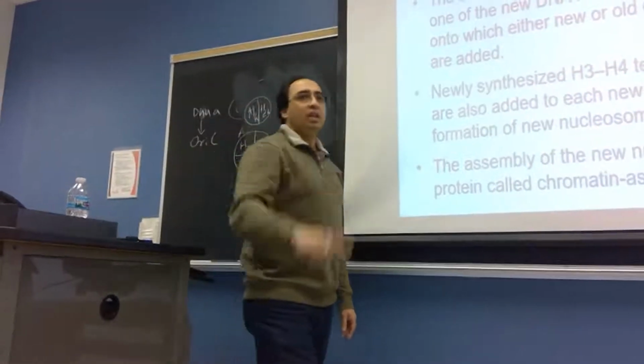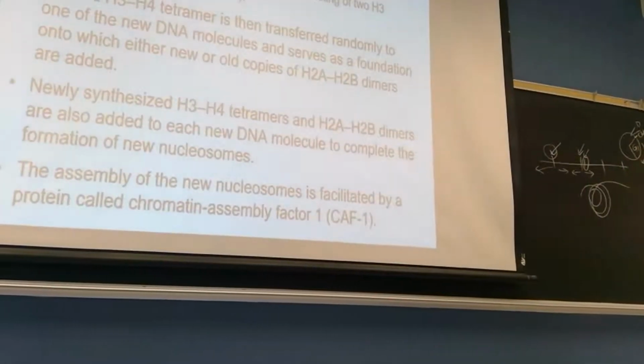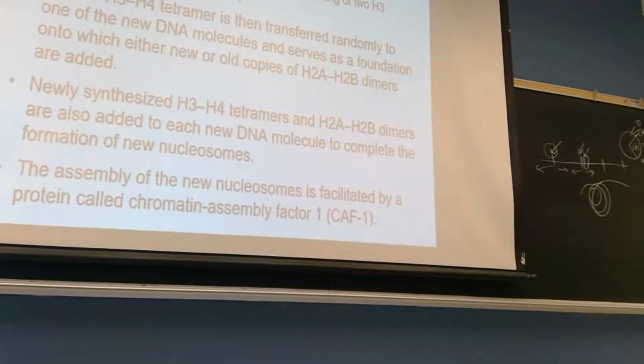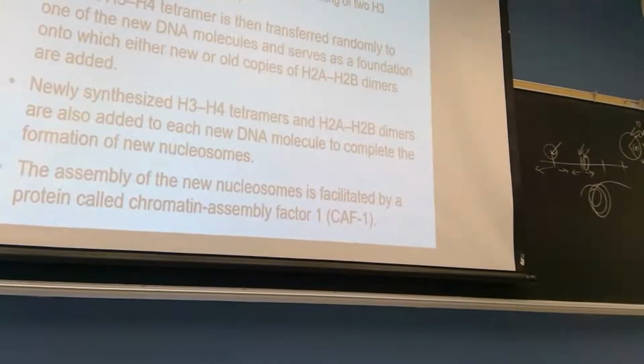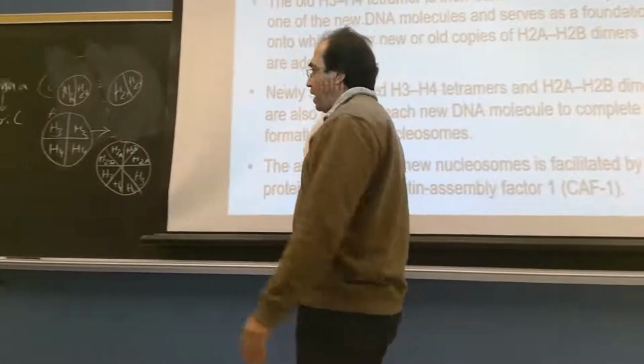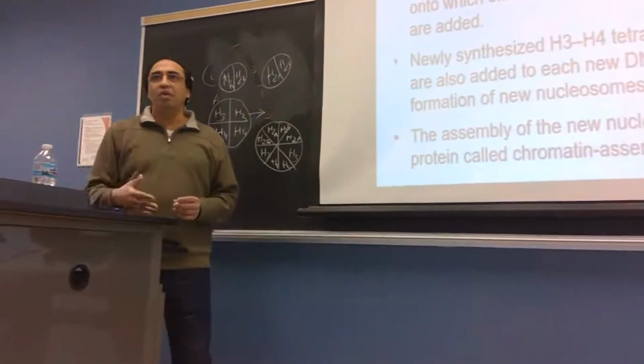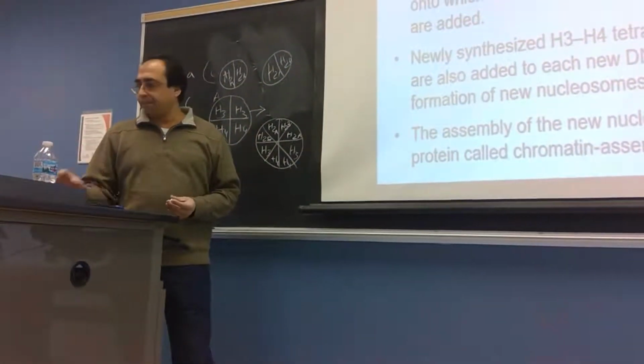Old can join with new, and new can join with old. In such a way, they first dissociate into these two kinds of dimers and one tetramer. Then they are replicated into two, and then they rejoin in this fashion, old to new or new to old.